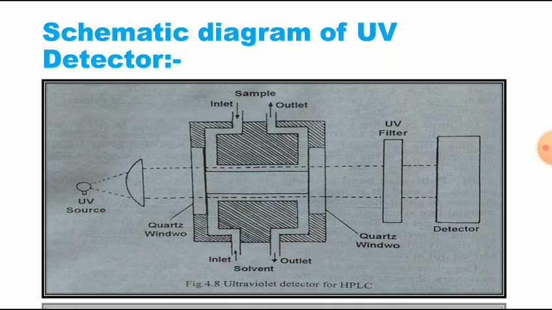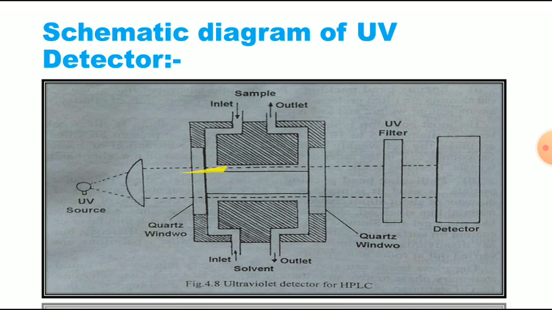But in between, this half part will be the sample inlet and outlet, and this half part will be the solvent inlet and outlet. In case of sample, it comes through in this direction and goes out like this. At that time, whatever UV light comes in this direction will fall on that sample.